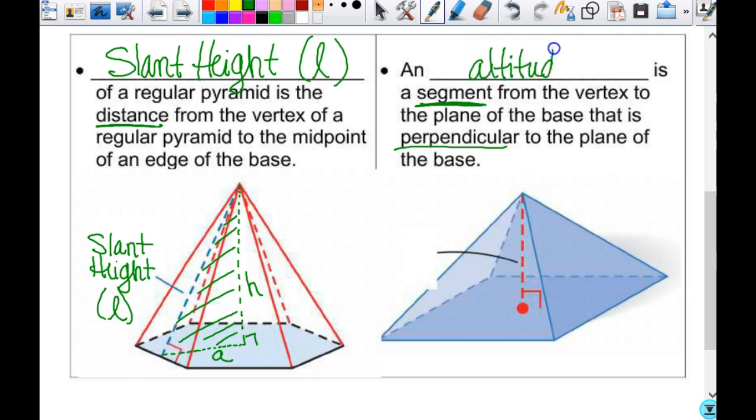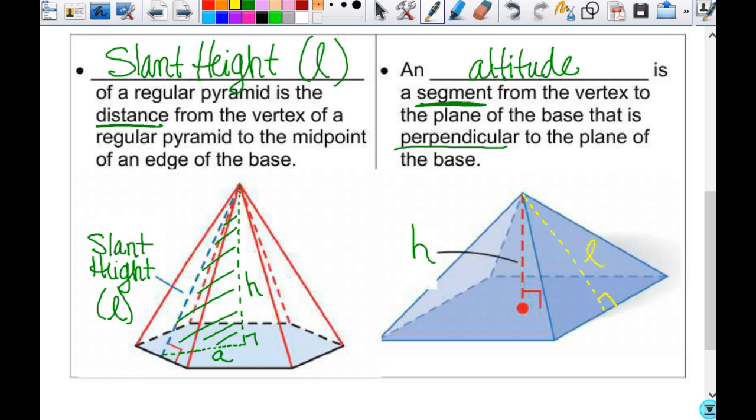So this is the altitude. But we use the H for altitude. We don't use A because we really call it the height when we're talking about the length. Then I'm going to draw on there. What would this represent? Slant height, right? So what letter do I use?